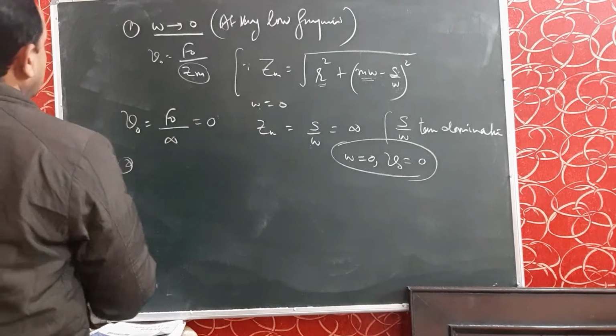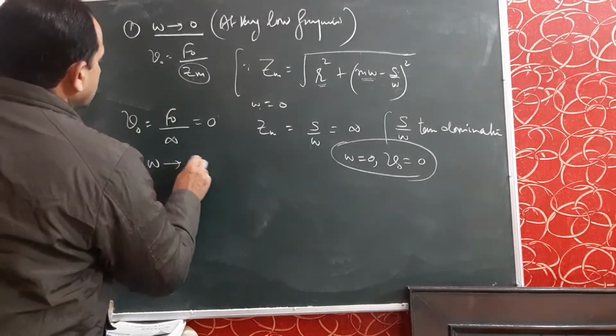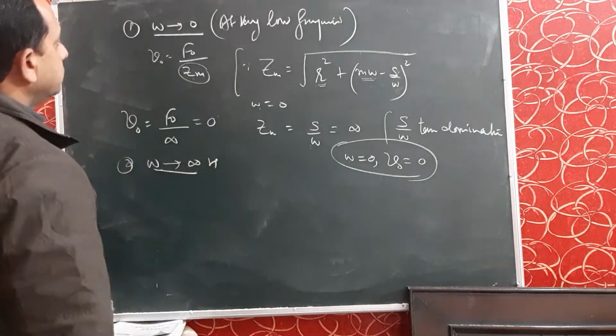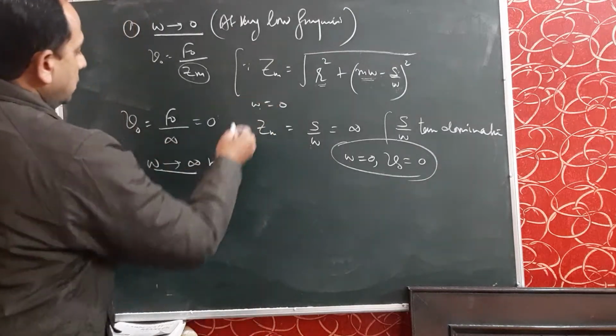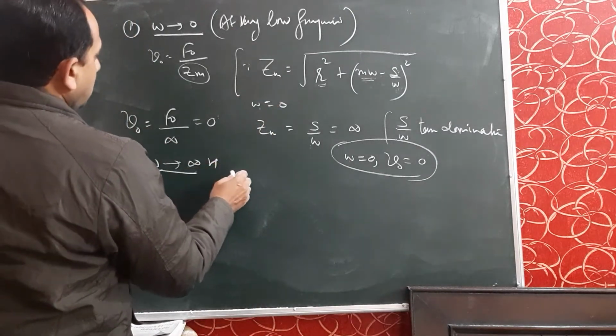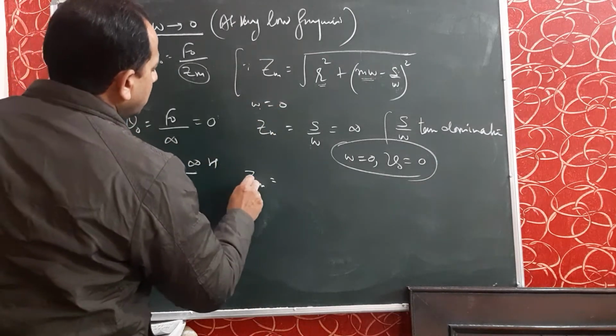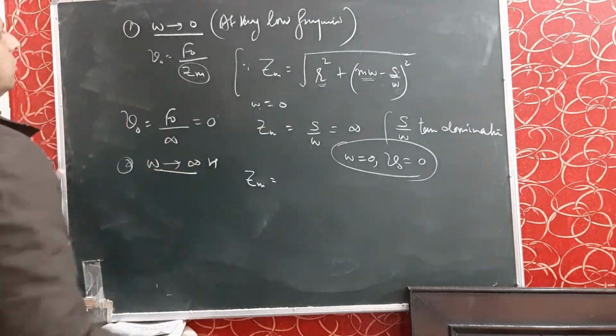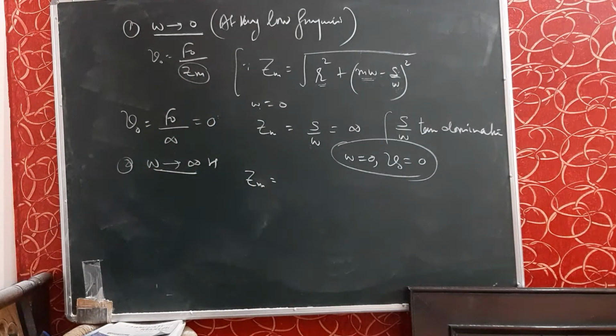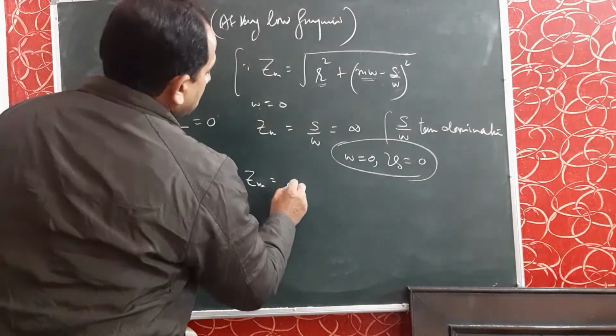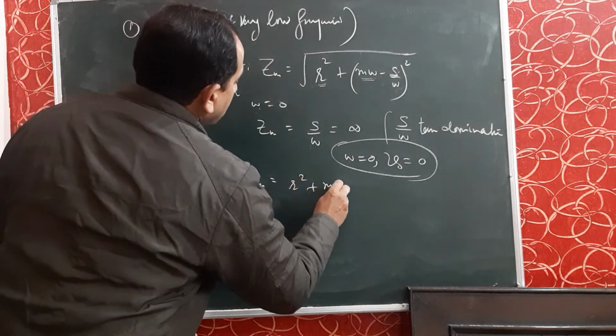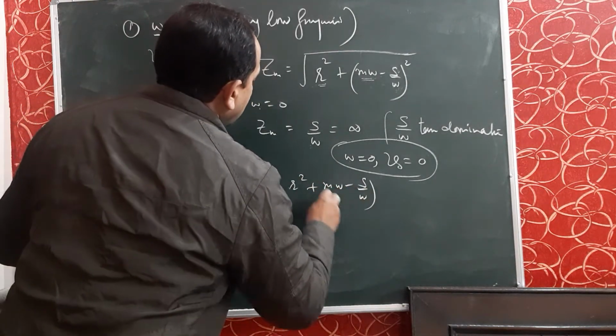This is the second case, when omega tends to infinity. Zm is the main factor deciding the value of velocity, and Zm is again the under root of r square plus m omega minus s by omega whole square.